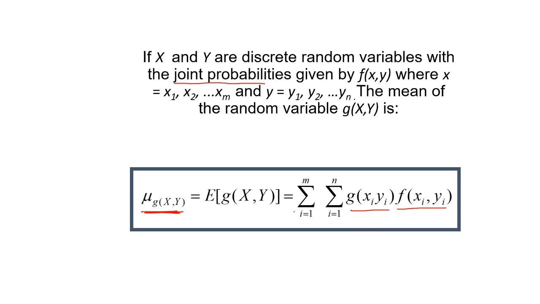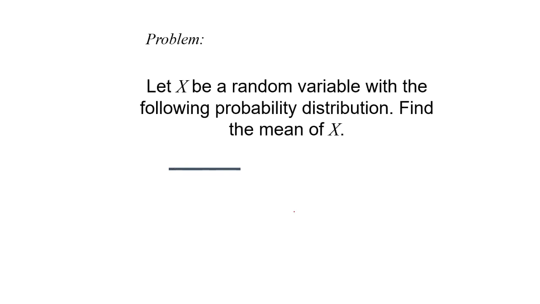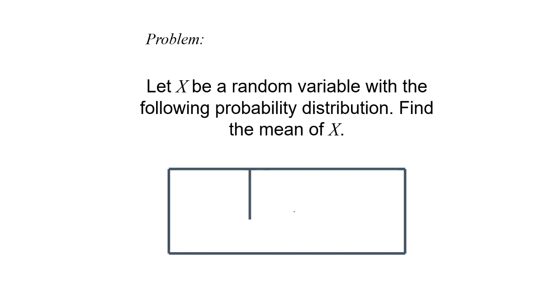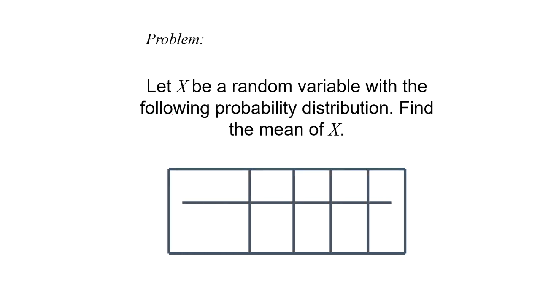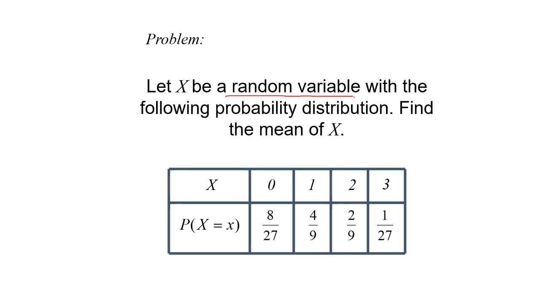Okay, so let's try to solve an example. We have here: let x be a random variable with the following probability distribution. Find the mean of x. From the problem, it just states to find the mean of the random variable. It does not state that we have to find the joint probability.